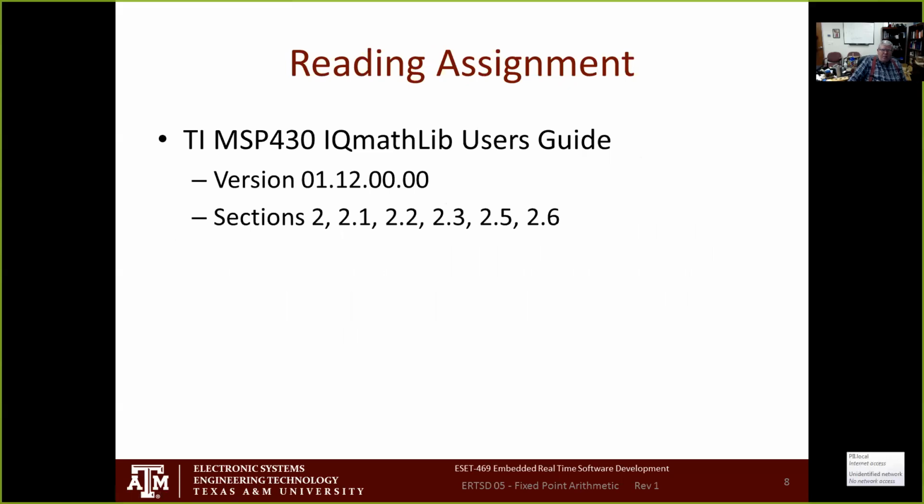It's called the IQ Math Library, and what I want you guys to do between now and Wednesday is take a look at section 2, and in particular paragraphs 2.1, 2.2, 2.3, 2.5, and 2.6 in the user's guide, which you can get online. Start getting a feel for what sort of things and notation they provide in the IQ Math Library.